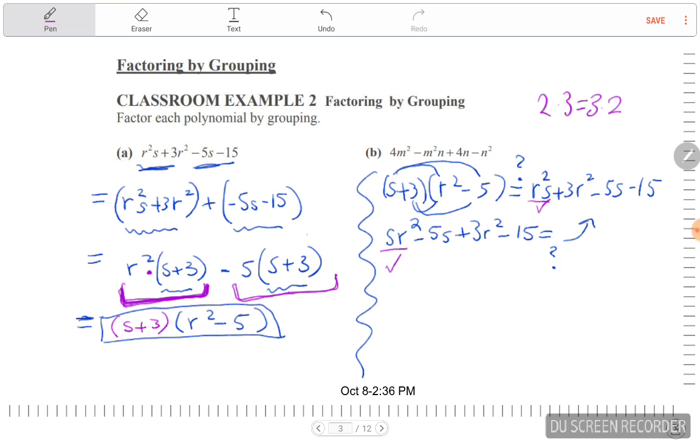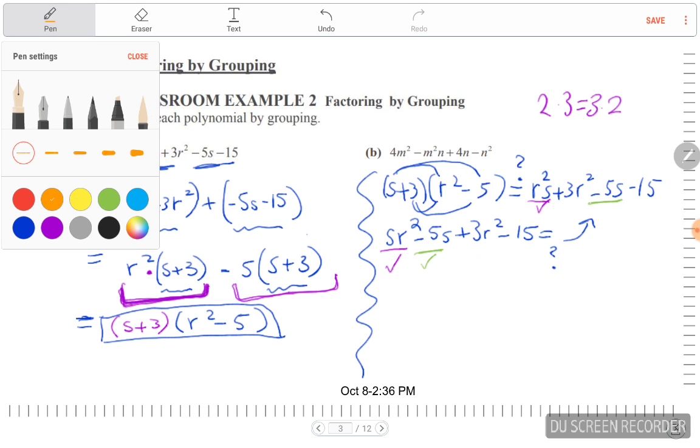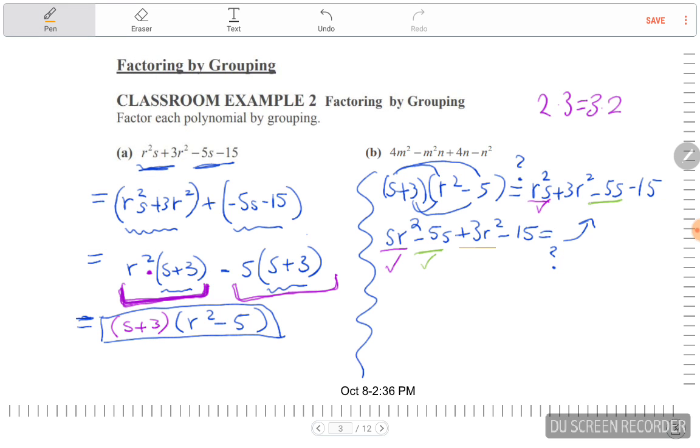Next one, negative 5s, negative 5s. All right, let's look at positive 3r squared, positive 3r squared. And finally, negative 15, negative 15. So it does work out as I would expect it to.